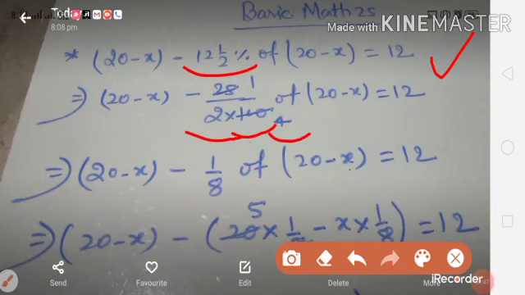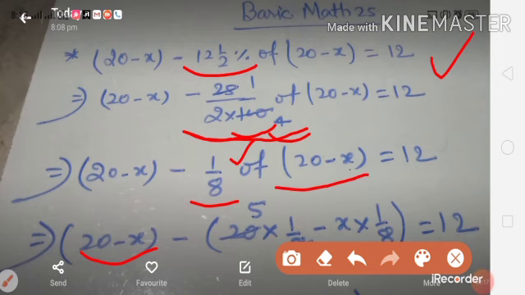And in the next line you see that in the numerator we find 1, and in the denominator we find 4 times 2, which is 8, so we write it as 8, and everything else is written as in the previous line. Now go to the next line. You see here 20 minus x is written, and 1 by 8 is outside of this bracket.